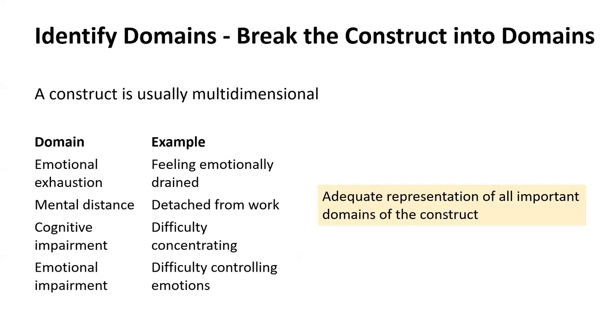Your questions should be representative and cover all the domains which come under your construct. This is another important point which you should remember. Again, for burnout, you have emotional exhaustion, emotional impairment, mental distance, cognitive impairment. Coming up with questions for each and every dimension you have identified is important when you are developing your tool.